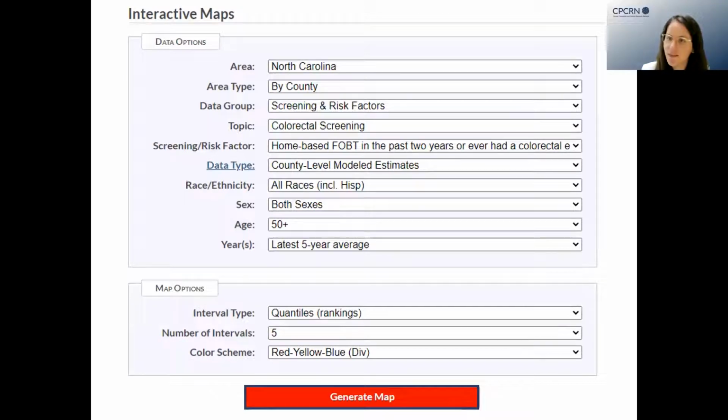Anyone find a rate yet? Nice, Lenore County, 61.8. Thank you, Megan.